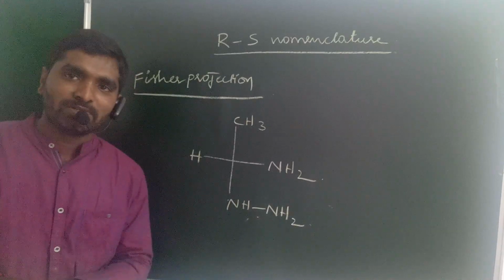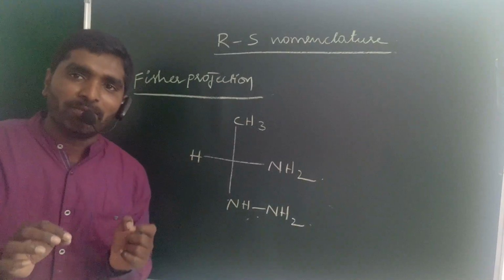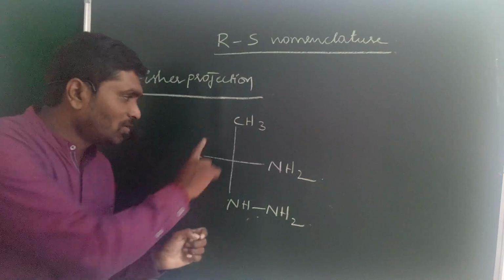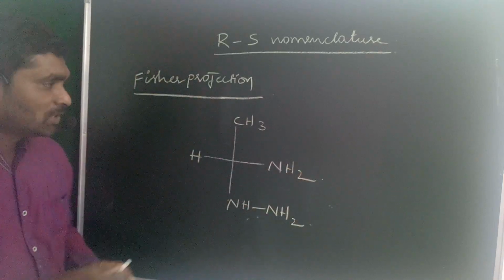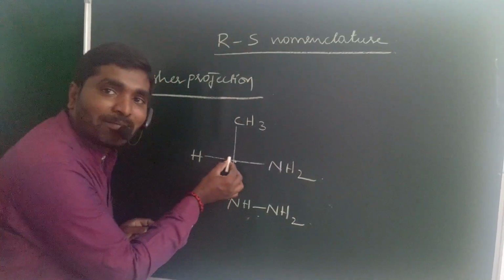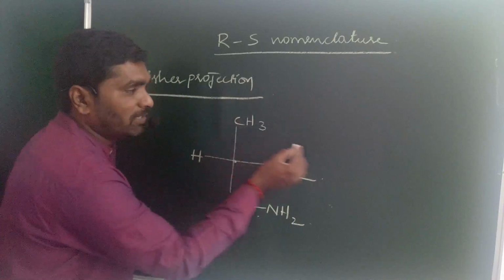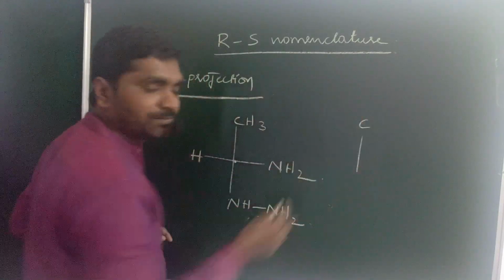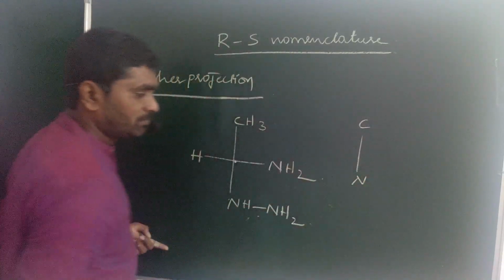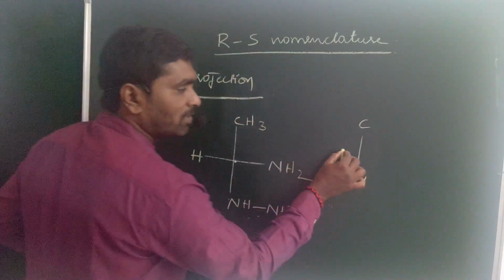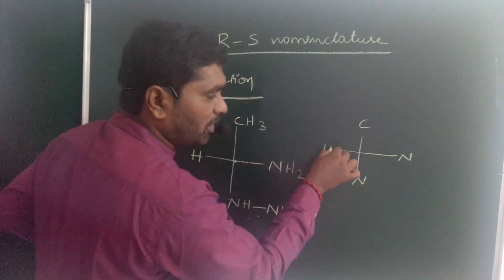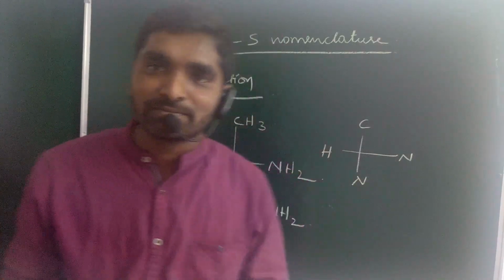Look at this one. According to the CIP rules, first you should give the priority numbers for all these groups. The middle carbon, this chiral carbon, is bonded with the carbon, below the plane bonded with the nitrogen, right hand side again bonded with the nitrogen, left side bonded with the hydrogen.